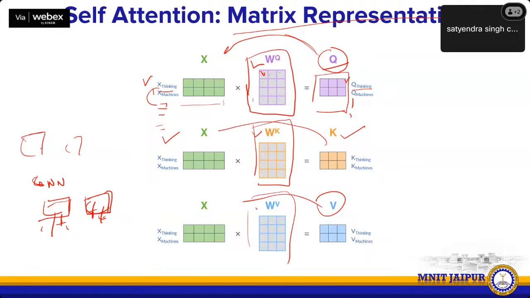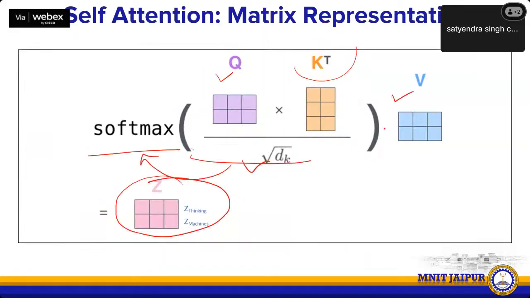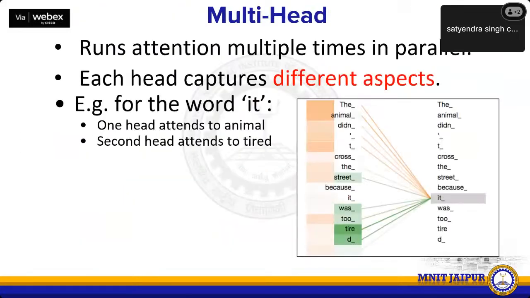Similarly, you might have different heads for self attention focusing on different parts of the data. For example, one head might be focusing that this word is closely related to animal, and another head might be trying to capture a different aspect, that it is closely associated with the word tired. So one head attends to animal, second head attends to tired.